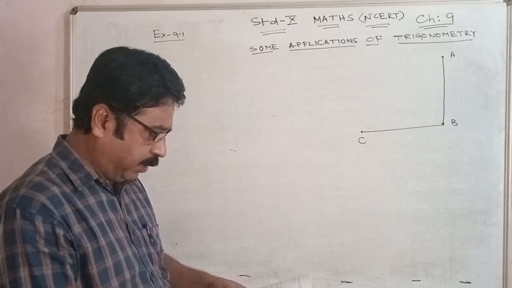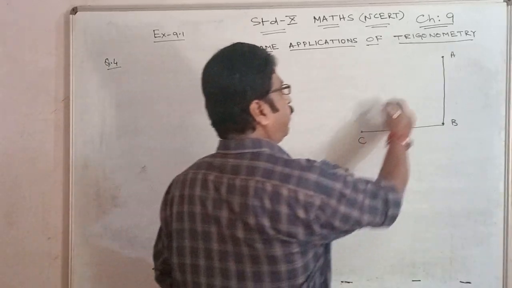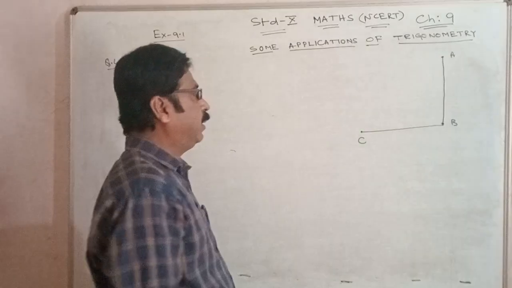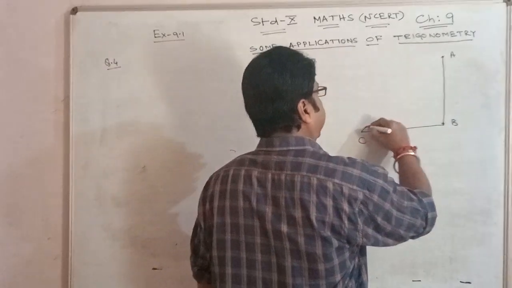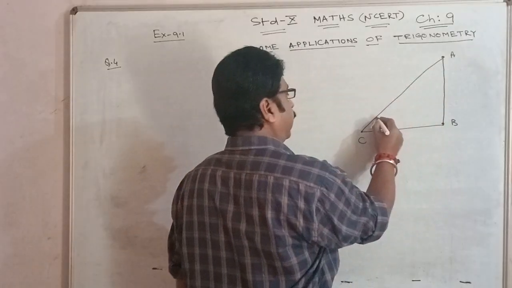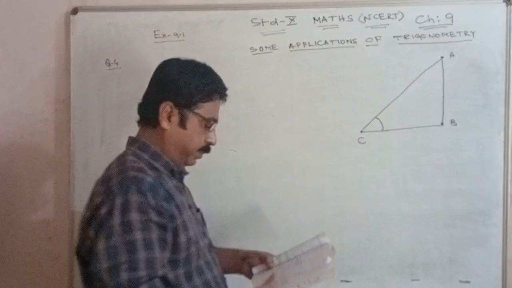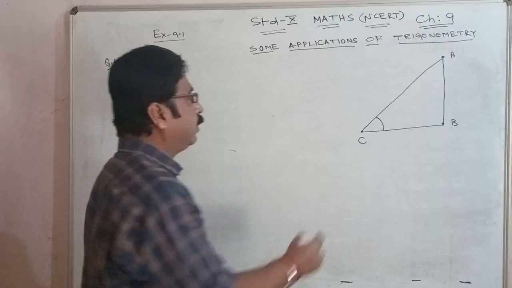The angle of elevation of the top of the tower, that means from the point C, if you see point A, then one angle will be created. That angle is given here, that is 30 degree.